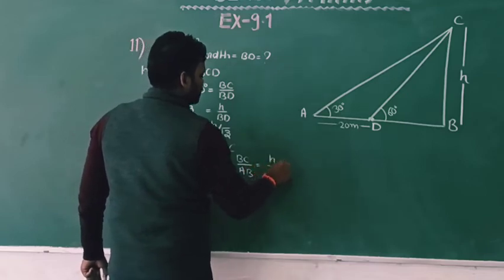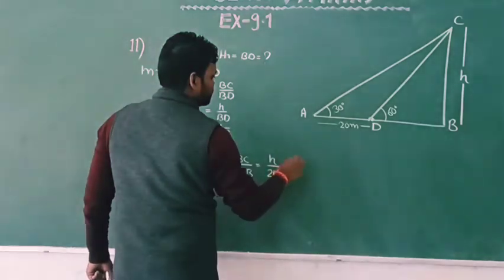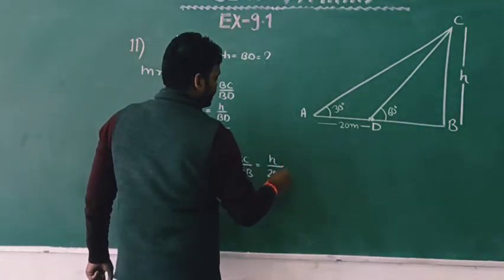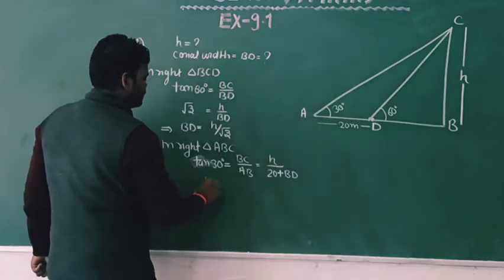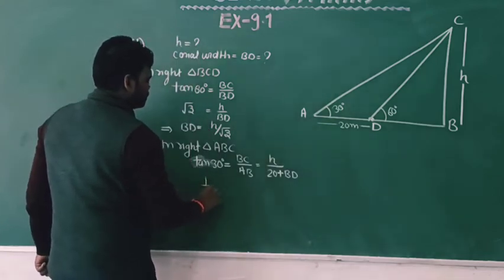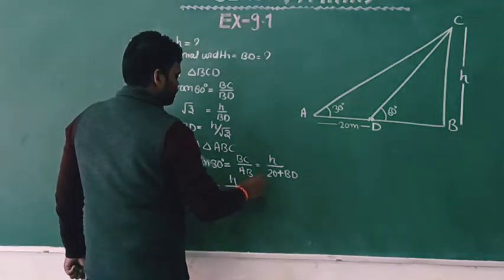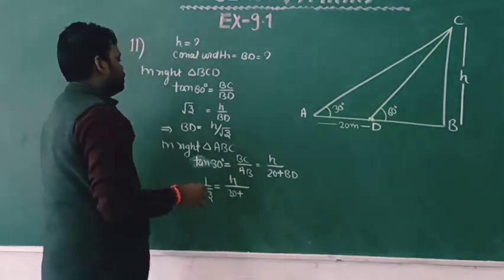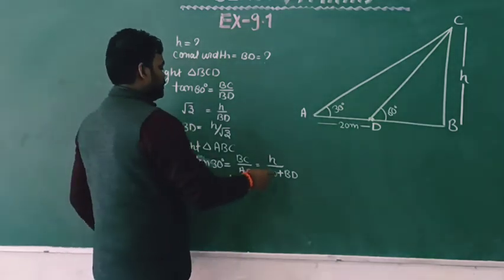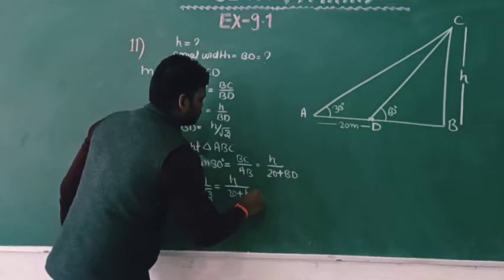BC is h and AB can be written as 20 plus BD. The value of tan 30 is 1 upon √3, so this is h upon 20 plus BD, where we found BD as h by √3.